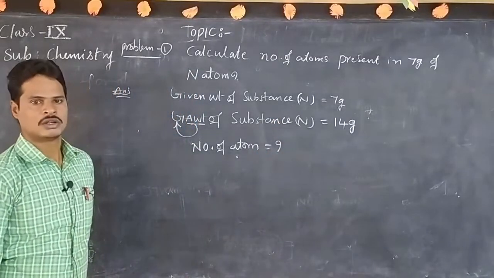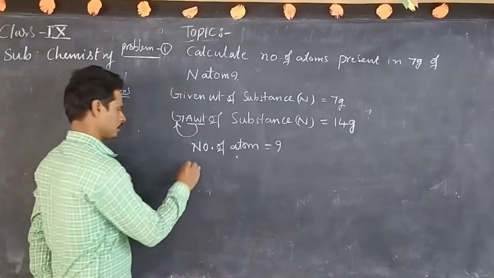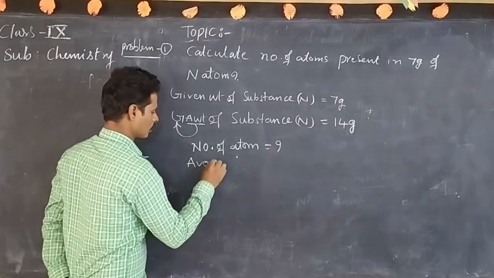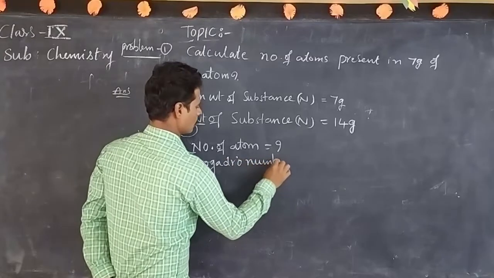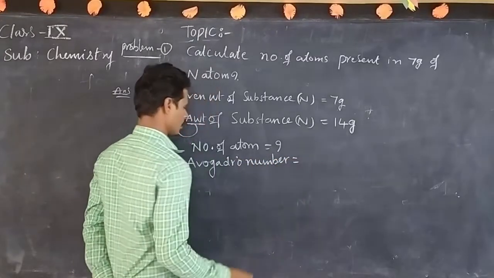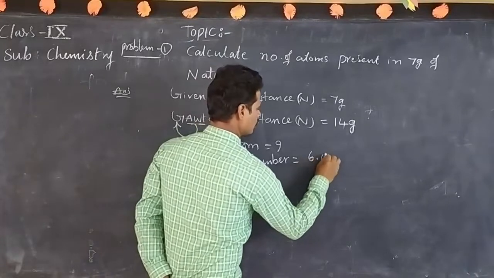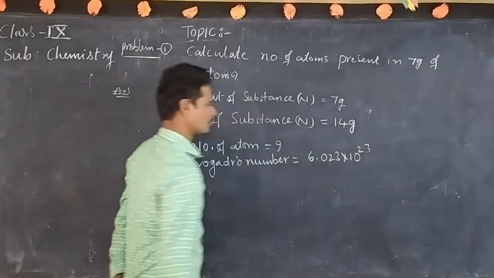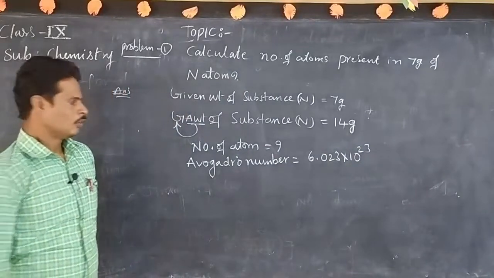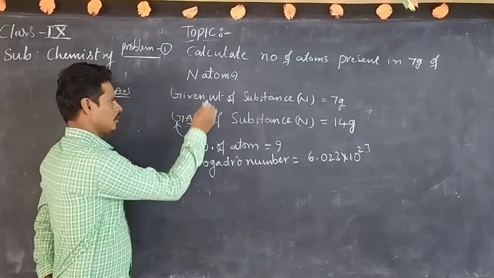But we know the Avogadro number, 6.023 into 10 to the power 23.